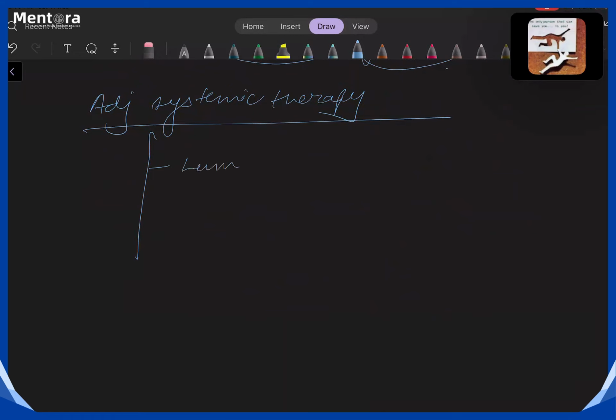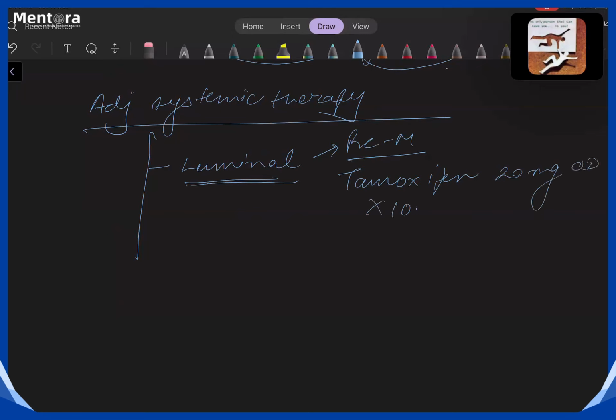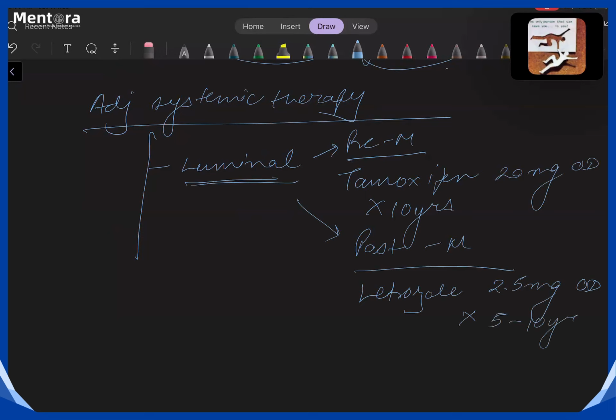If it is a luminal subtype and the patient is premenopausal, we advise them tamoxifen. That would be 20 mg OD for 10 years. If the patient is postmenopausal, we can advise them anastrozole or letrozole. The dose for letrozole would be 2.5 mg OD for 5 to 10 years.